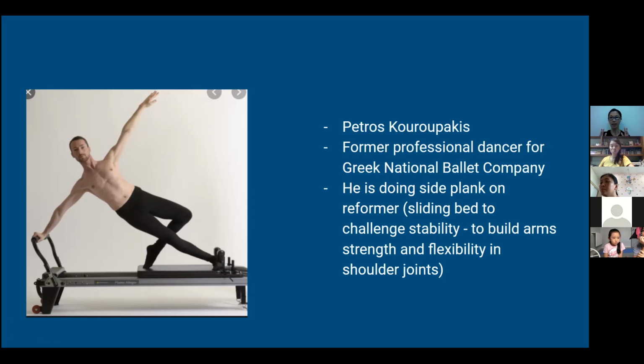Because when you're standing, you ask your student, don't use your shoulder, don't jump from your chest, but how? So when they lie down, they reduce the anti-gravity force. They can focus on the jumping and coordinate the whole body in a better form.